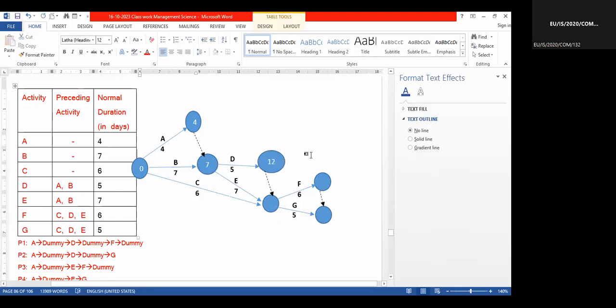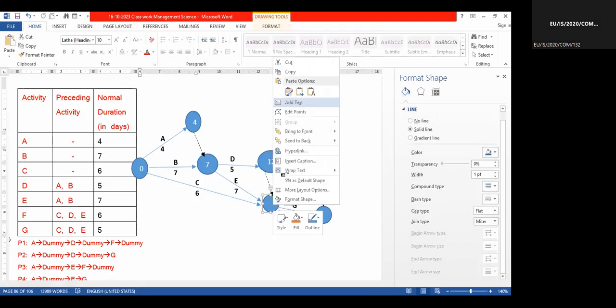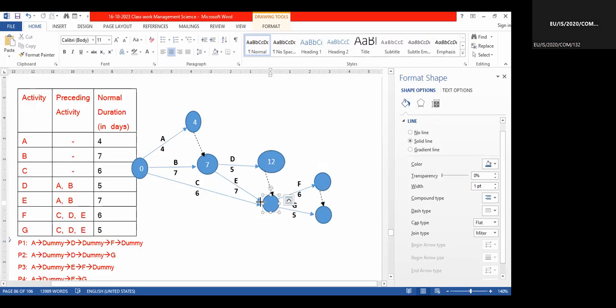Right, 12 days. But if you look at here, 7 plus 7, how much? 14. Which one will you consider, 14 or 12? 14.